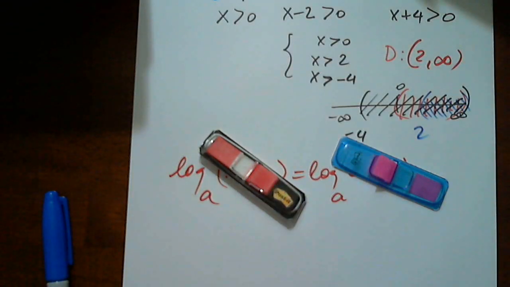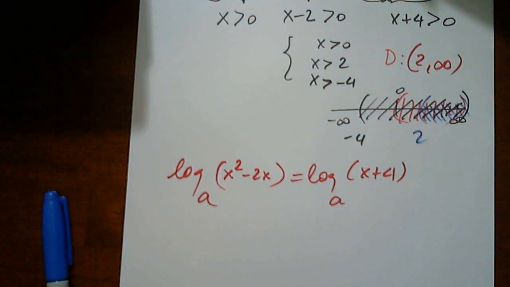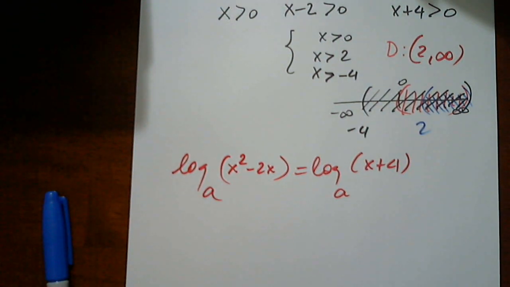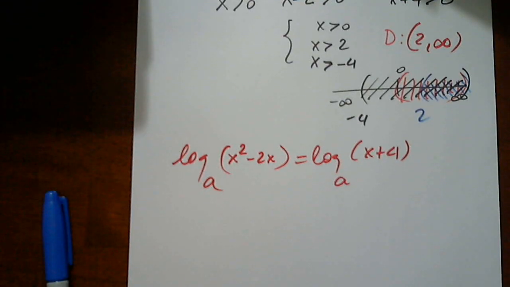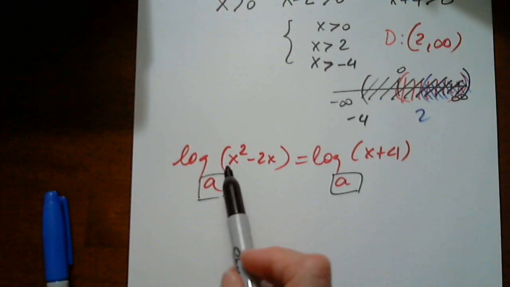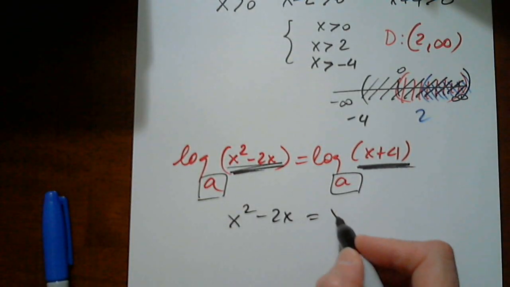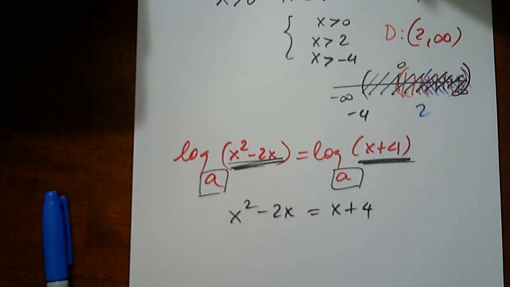Can log 8 equal log 15? So what has to happen for these to be the same? Give it a shot, please. It's the same base. You would set x squared minus 2x equal to x plus 4. Thank you very much. There is no other way.